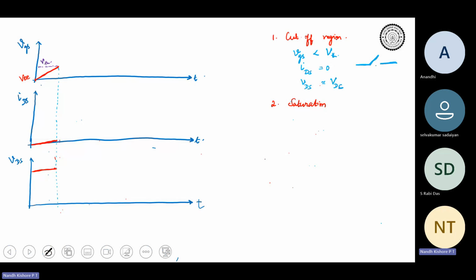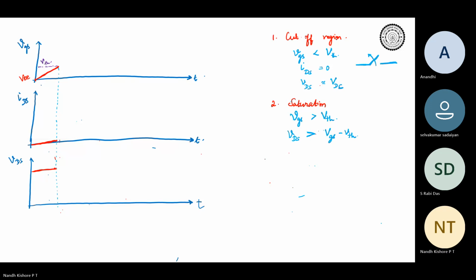In the saturation region, VGS is more than V threshold, but more importantly, the device is in saturation only when VDS is much more than VGS minus V threshold.